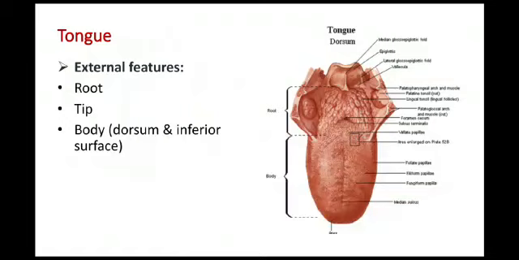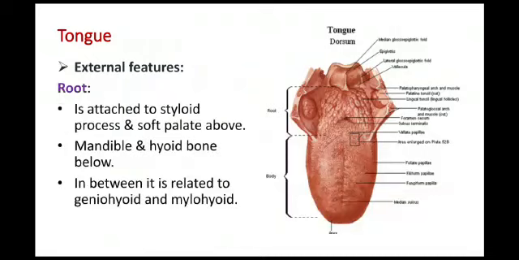So coming to the external features of the tongue, it contains a root or the fixed part, a free part called the tip. We have the dorsum or the superior surface and inferior surface or the ventral surface. The root, which is the attached part, is attached above to the styloid process and soft palate.